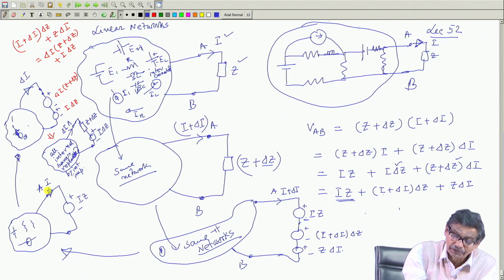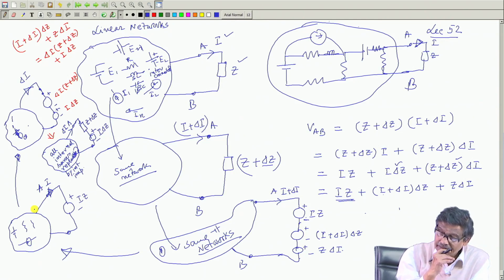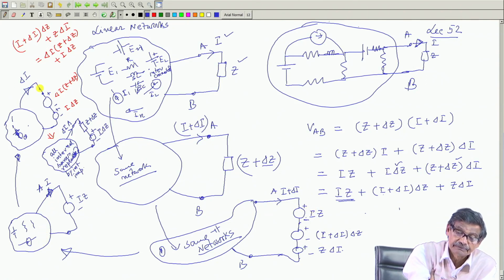From this I know it must be I, the known current is I. Then I will say the current in this network will be when this is replaced by a short circuit. All these sources are replaced by their internal impedances.